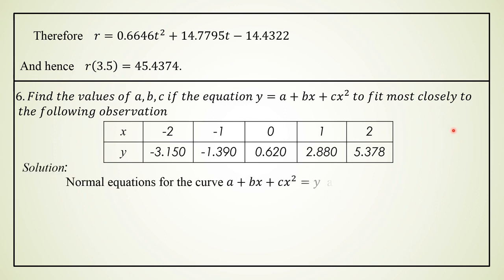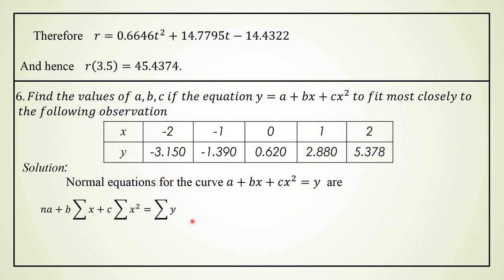So let us find the normal equations of the curve. a plus bx plus cx square is equal to y. Observe here, you have a into 1, b into x, c into x square. Therefore, multiply 1 throughout and take the summation of it. That will give you the first normal equation, na plus b into summation x plus c into summation x square, that is equal to summation y.